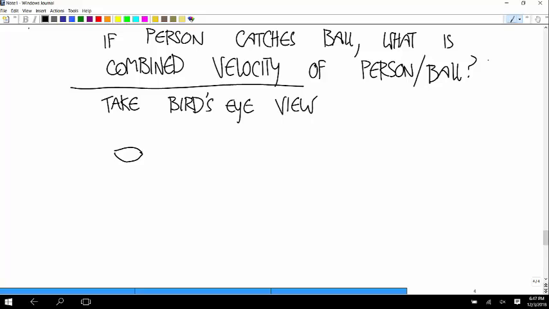So here's the football coming in with a velocity of 15 meters per second. And here's the person waiting for it.